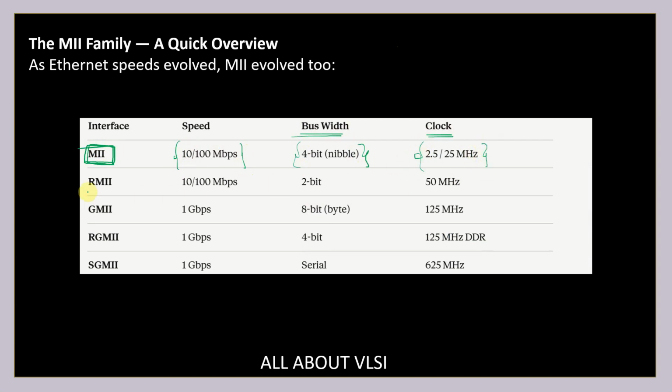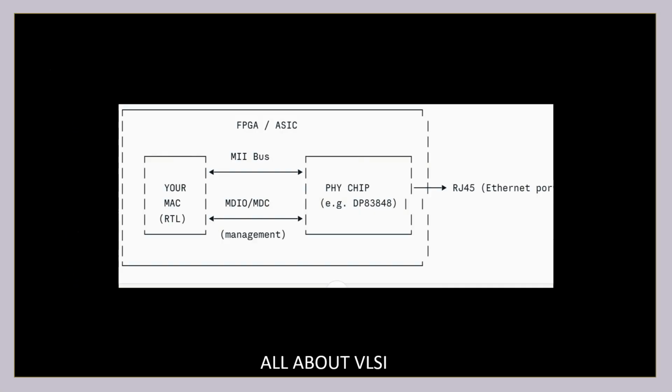Other interfaces are RMII, GMII, RGMII, and SGMII. As the interface changes, the speed increases, and the bus width changes accordingly. We are going to focus more on the MII interface in this particular course.